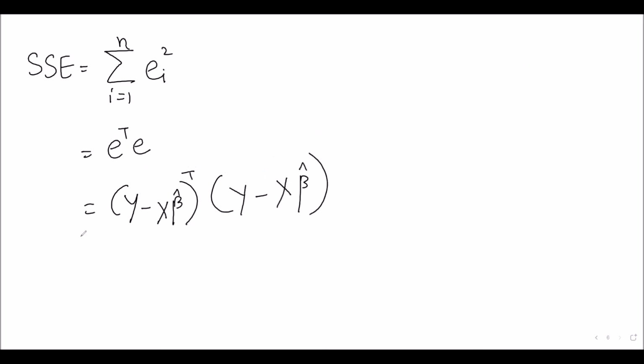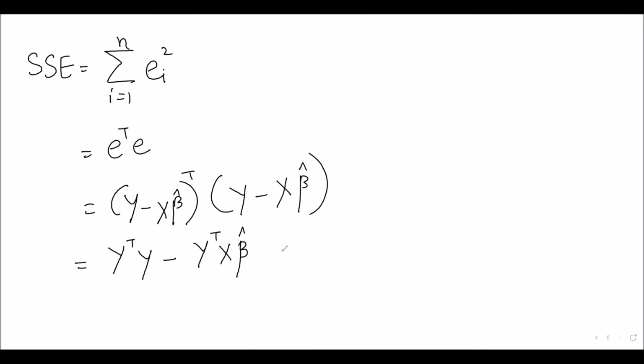Now you have to expand this. How do you expand this one? So transpose can be distributed. Y transpose y, minus y transpose x beta hat, right?